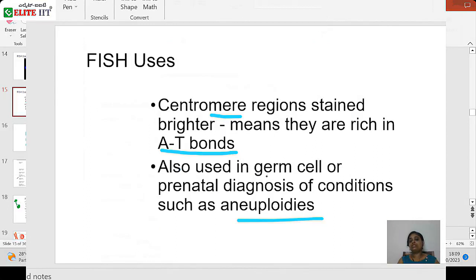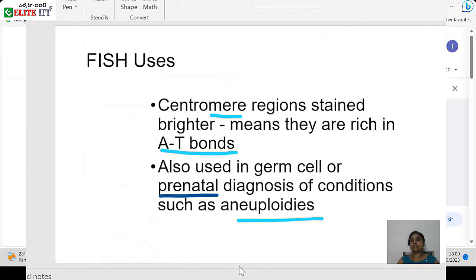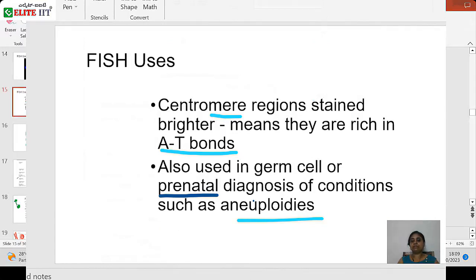So you can identify whether an extra chromosome is present or not. It is also used in germ cell or prenatal diagnosis of conditions. If any genetic disease is coming in your baby, you can diagnose this before the birth. Nowadays it's allowed.